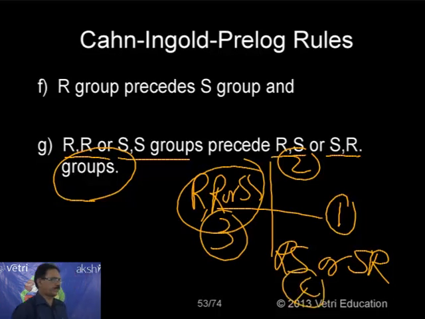This is what the rule says. So if you are comparing one side RR, other side RS, kindly follow, all the atoms in the groups are identical. We cannot give priority based on the atomic number. But in that case, the rule says very clearly RR or SS precedes RS or SR. That means RR or SS takes priority over RS and SR groups. This is the most important information.